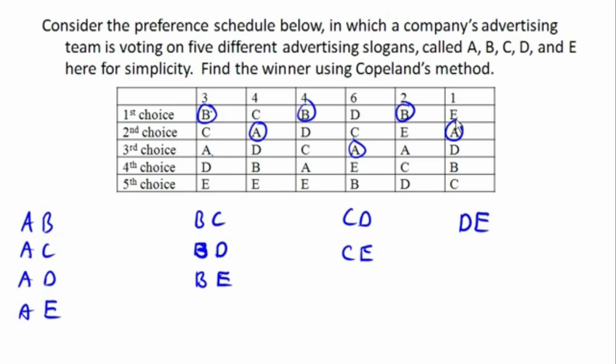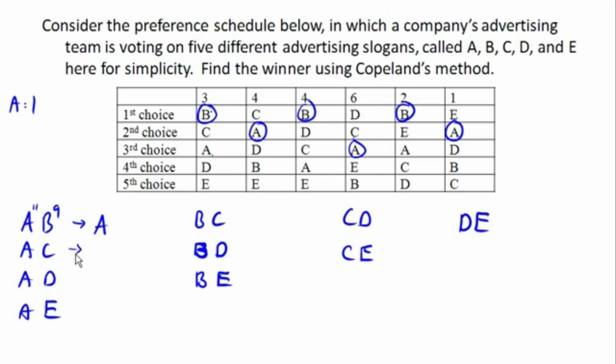Between B and A, B is ranked higher. Again, we total the most higher letter in each column. So B gets 9 and A gets 11. So A is the winner for the first comparison, and A gets 1 point.